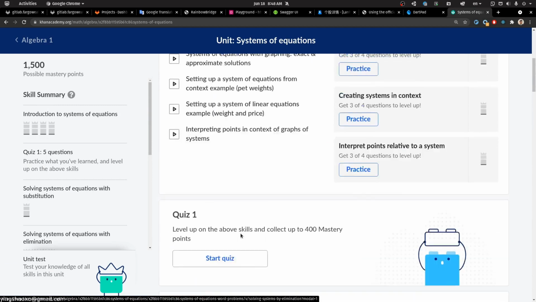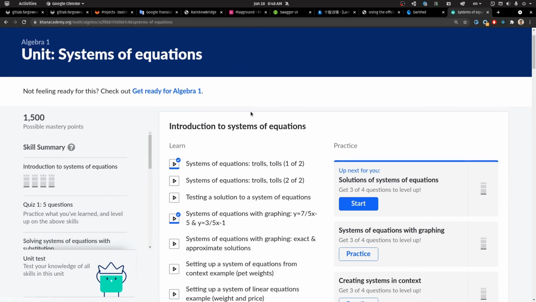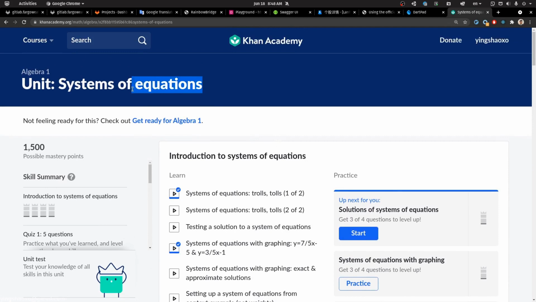Okay, so that's the end of this learning. In this video we have learned about the concept of systems of equations. Basically, it's just a bunch of equations, and they can be dependent or independent. If two equations are parallel, they have no solutions. But if they have a point of intersection, then we would say that they have at least one solution.